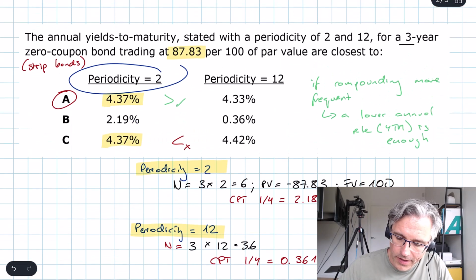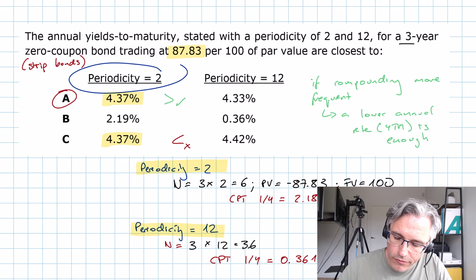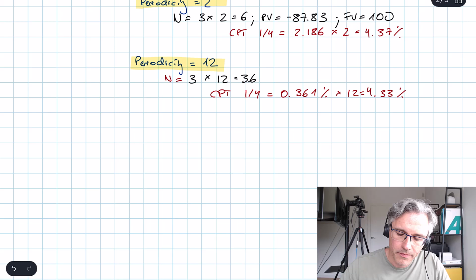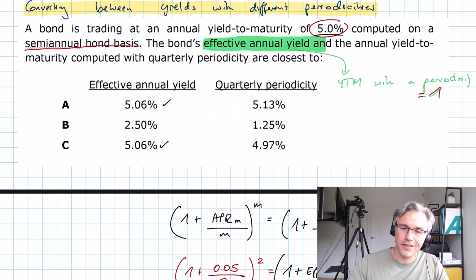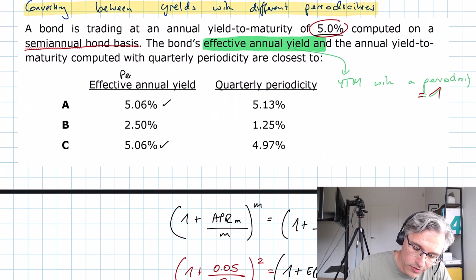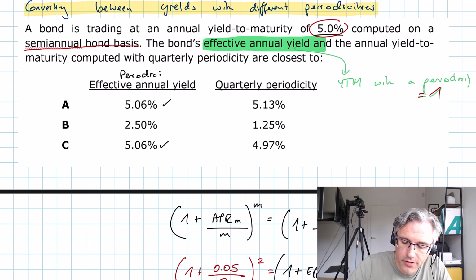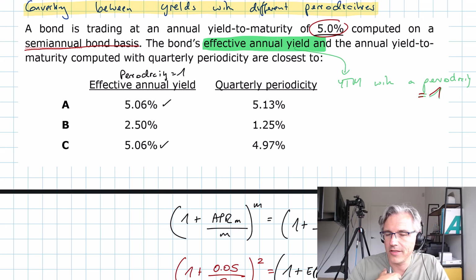This is going back to what I wrote here. If compounding more frequently, then you need a lower YTM. But if you're compounding less frequently, like here, just once, periodicity equals 1, it has to be higher than 5, so it had to be either A or C.